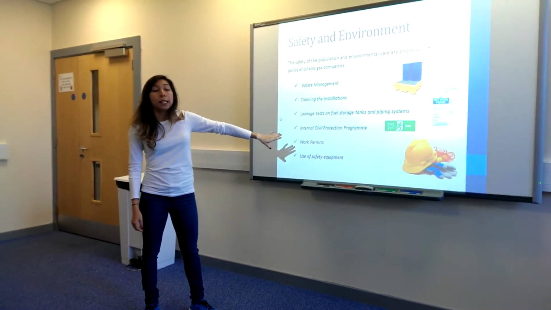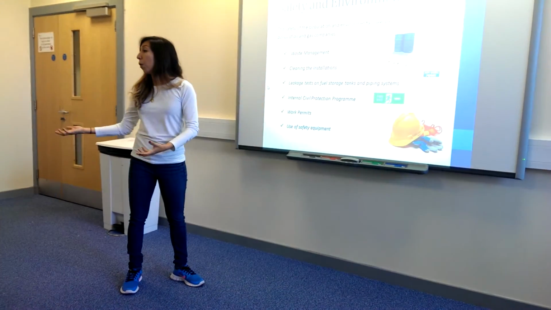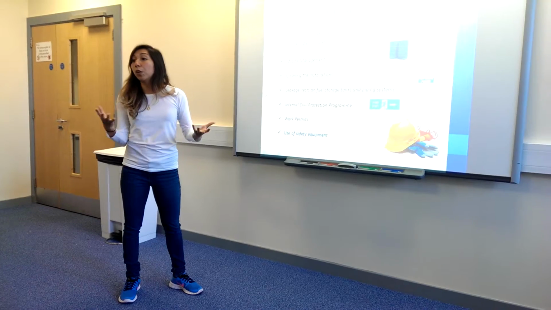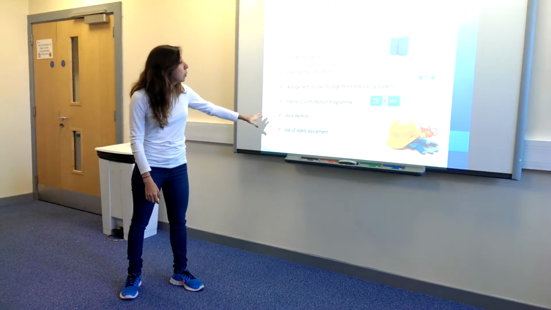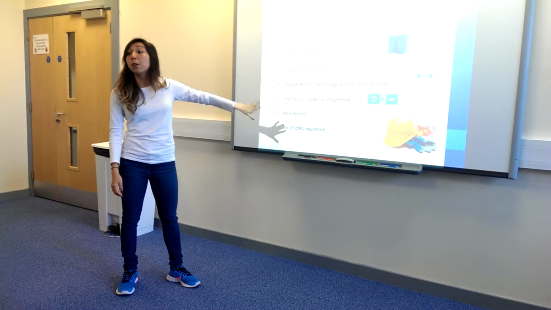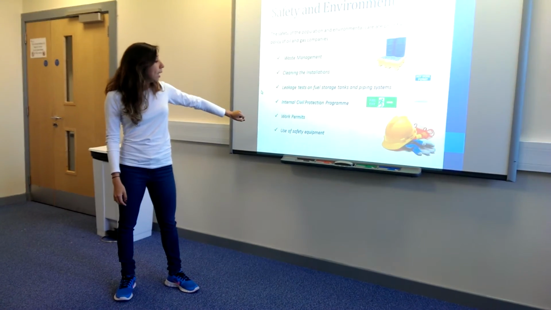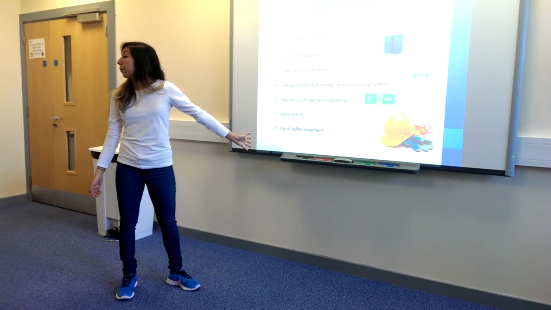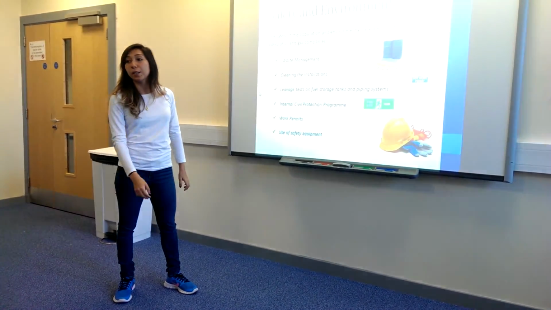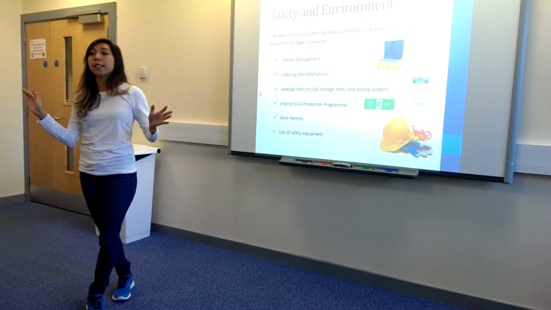When we're in the offshore installations, there will be works like welding and hot works, so we will need a work permit for all of them. This is very important. And definitely the use of safety equipment while we are in the installation.